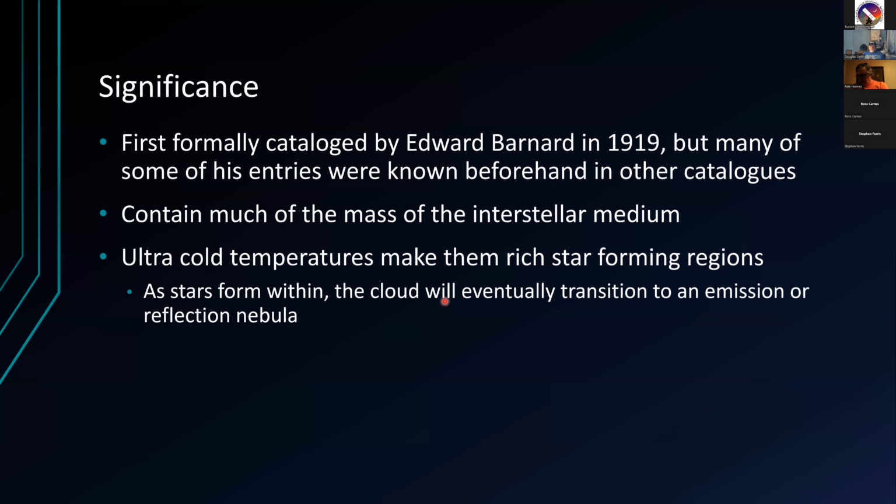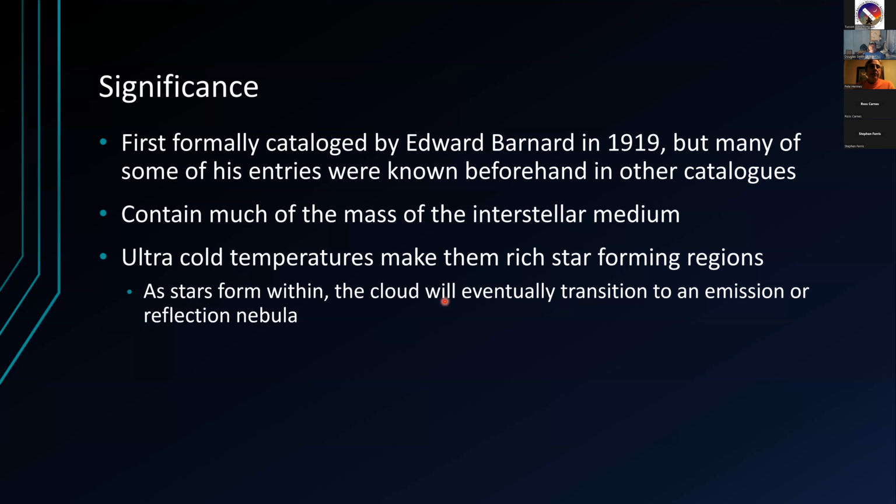As I mentioned, these are some of the coldest regions in space. The Chameleon 2 Nebula, I think it's Chameleon 1 or 2, was recently found by James Webb to be about 10 degrees above absolute zero.